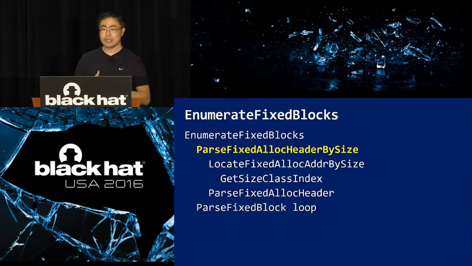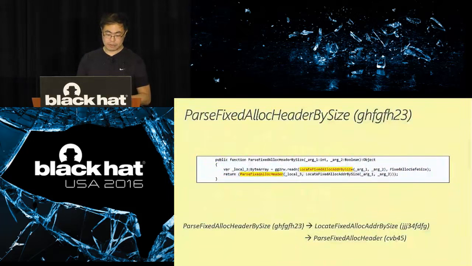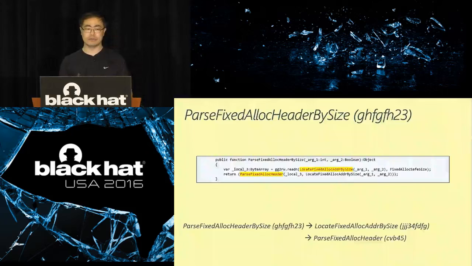In MMgc, the memories are linked by sizes. So if you know the size of your target object, you can find it.